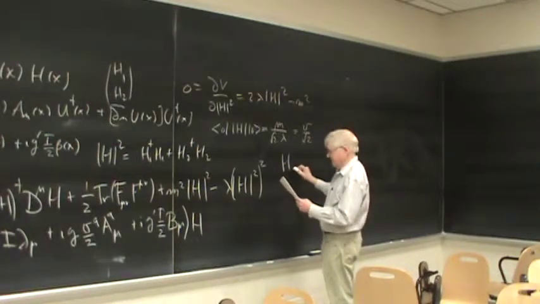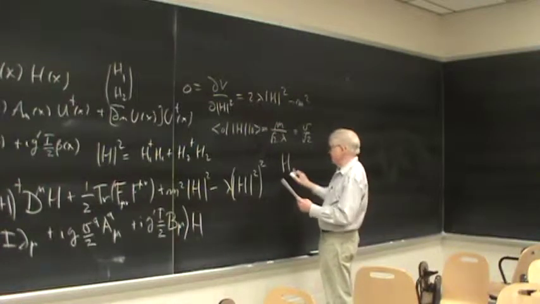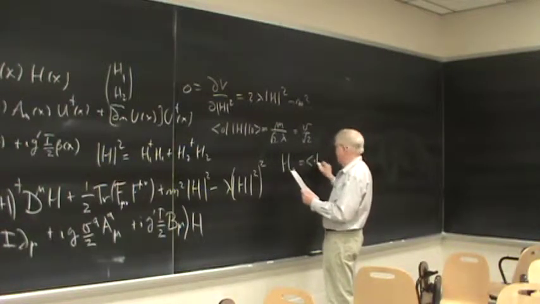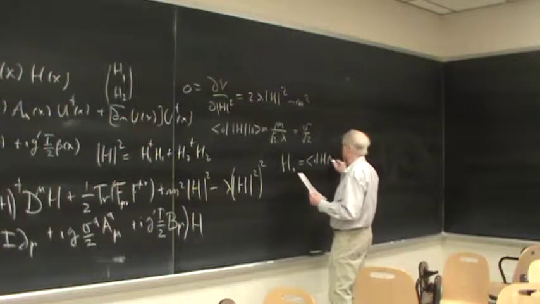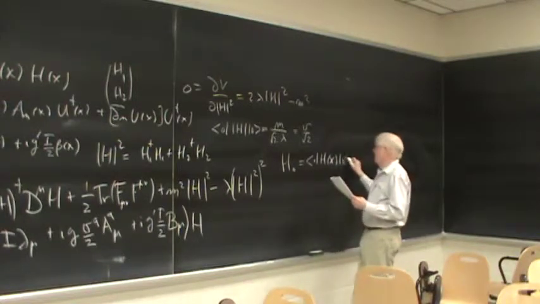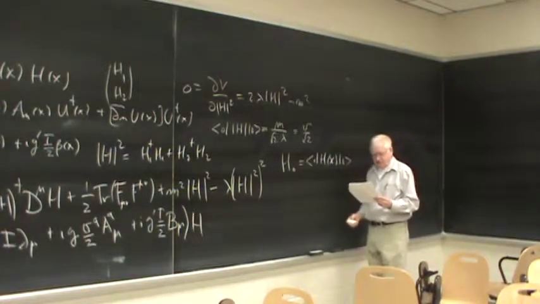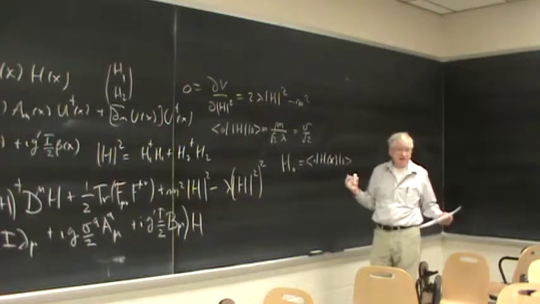Or equivalently, we'll say that H0 is the mean value of the Higgs field in the ground state, and I should have said we'll go to unitary gauge.